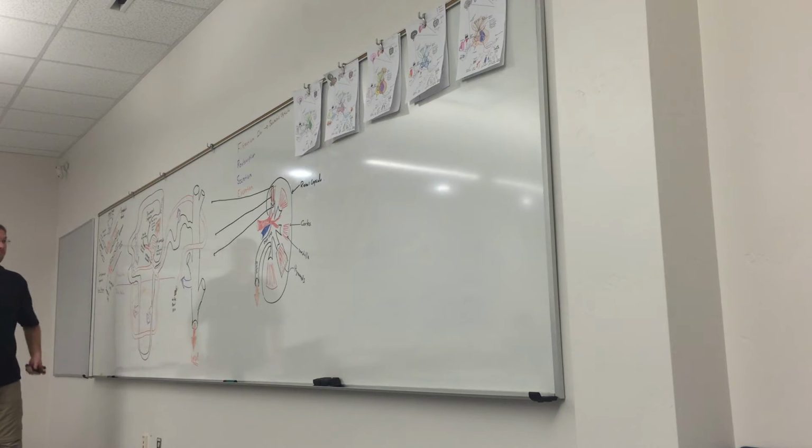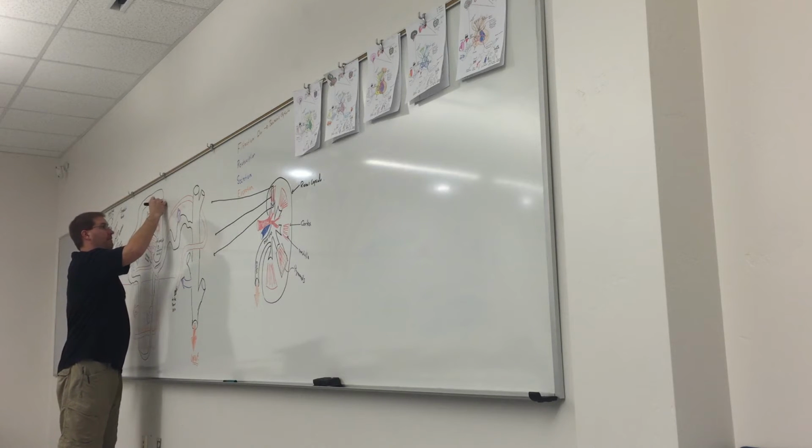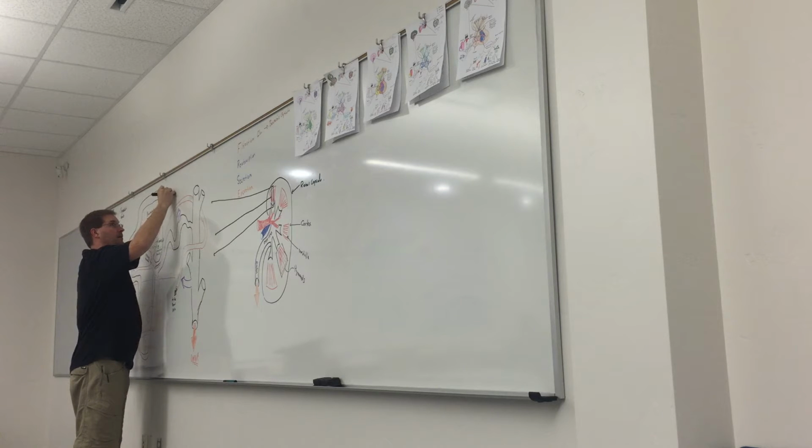That makes sense? So I'm going to throw some numbers at you just to help you understand what's going on. We make about 180 liters of filtrate per day. Okay, so we produce about 180 liters of this stuff per day.